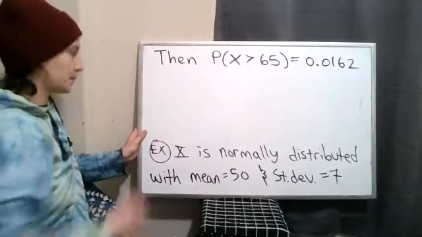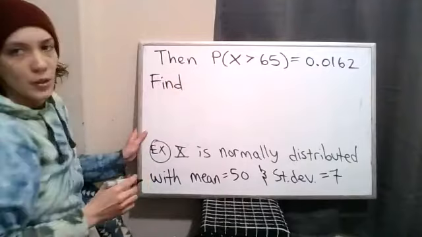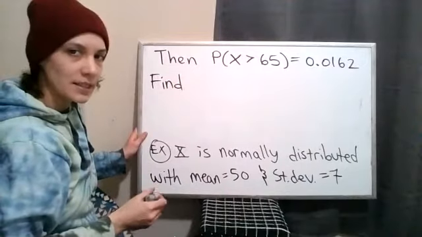Find the probability that x is less than 65.